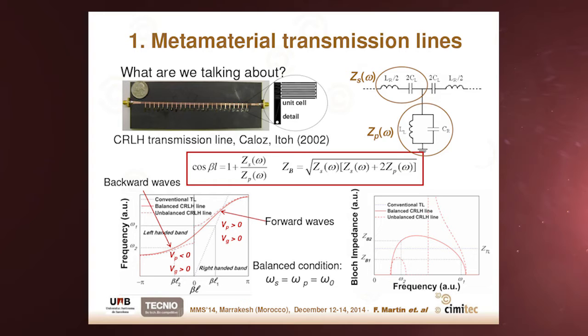Okay? So the analysis of the dispersion of this structure gives this result, where ZS is the series impedance and ZP is the shunt impedance, and this is the characteristic impedance.